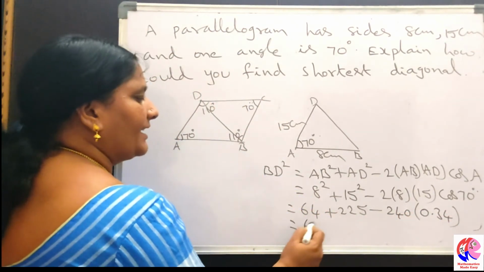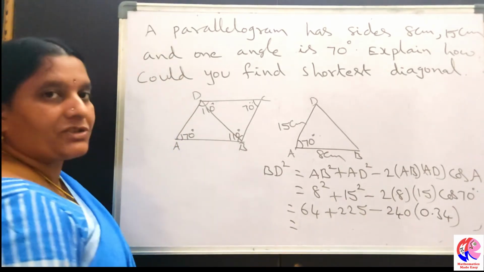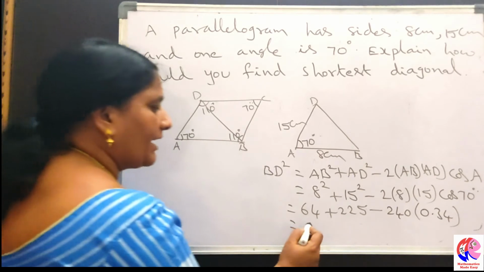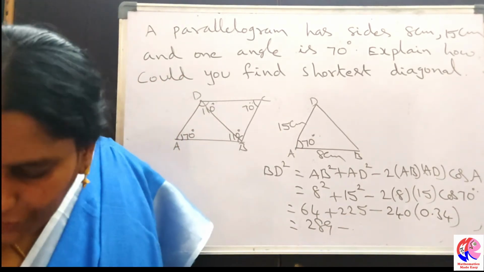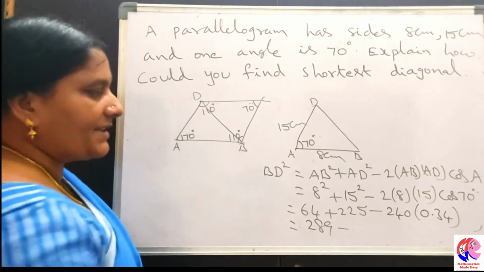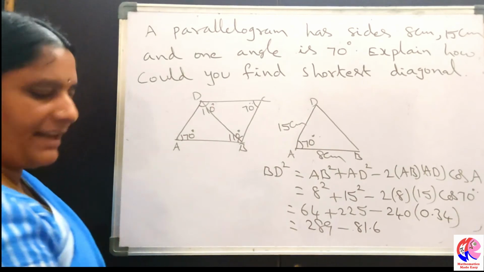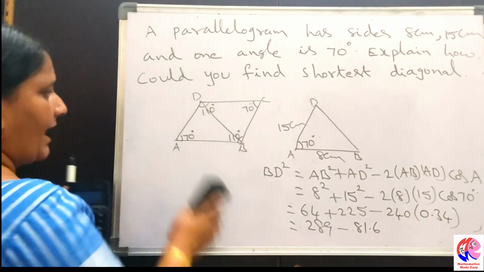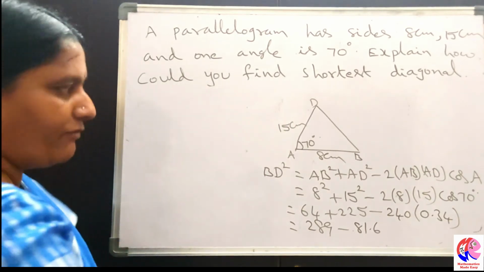In place of 64 plus 225, we can write 289 minus 240 into 0.34. It is 81.6. So 289 minus 81.6 is equal to 207.4.